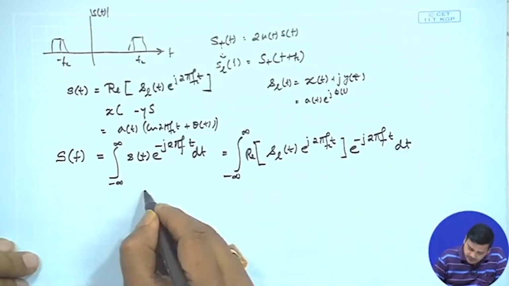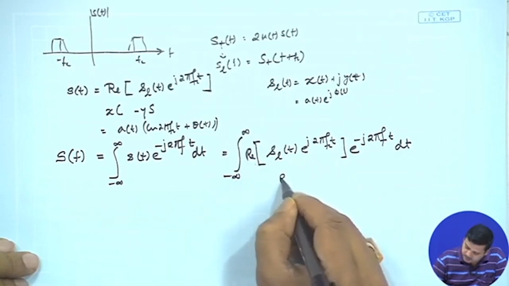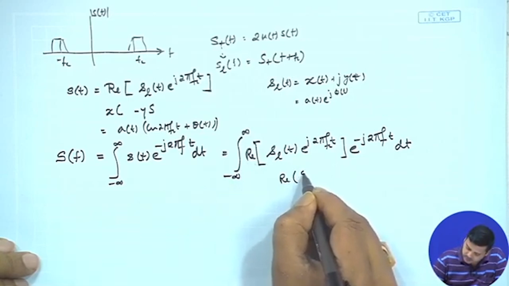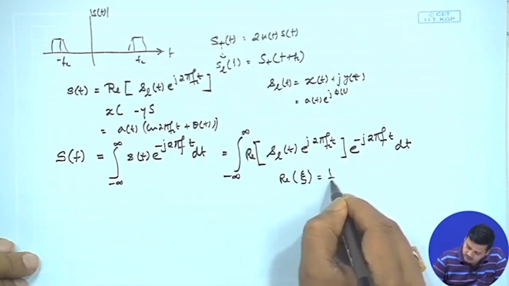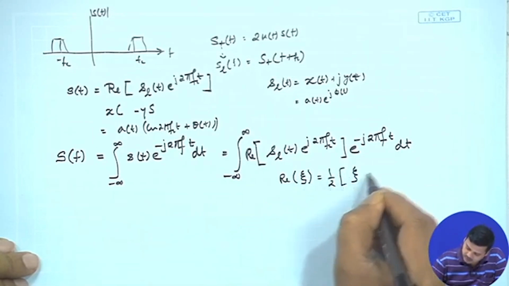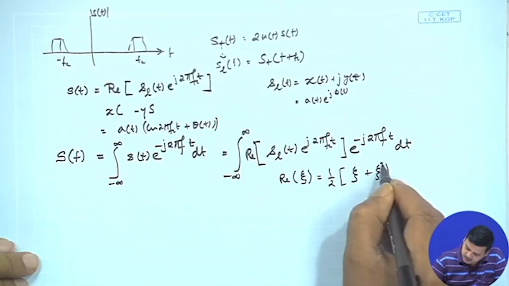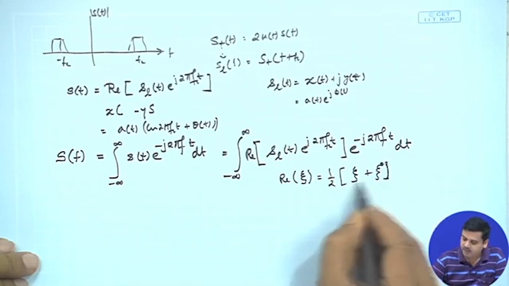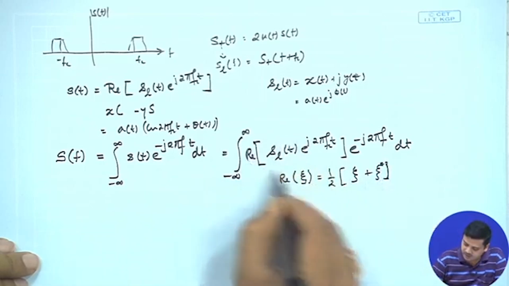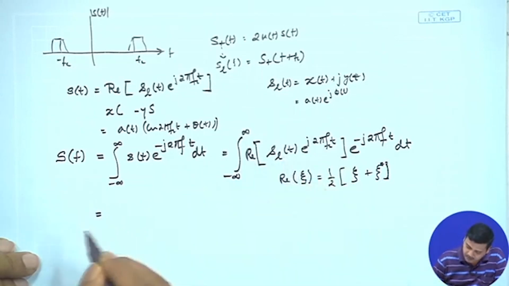If I have the real part of, let us say, zeta, I could represent it as half of zeta plus zeta conjugate. If you take this, you get the real part. Accordingly, we will do the same here.